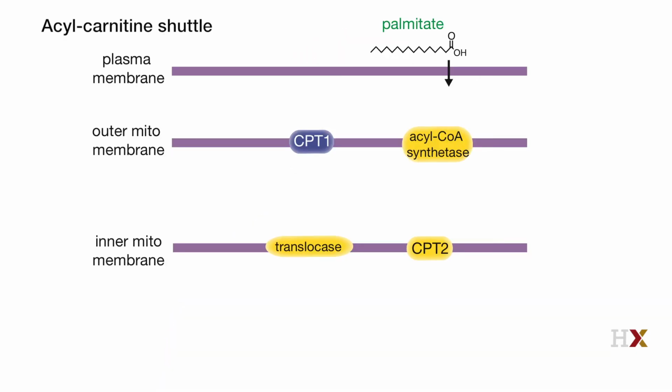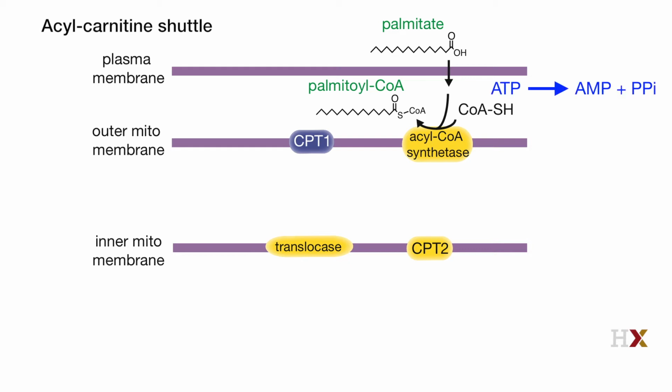The acyl coenzyme A synthase, found at the outer mitochondrial membrane, attaches coenzyme A to palmitate, forming palmitoyl coenzyme A. This reaction requires the hydrolysis of ATP, leading to the production of AMP. Note that ATP is converted to AMP, not ADP.